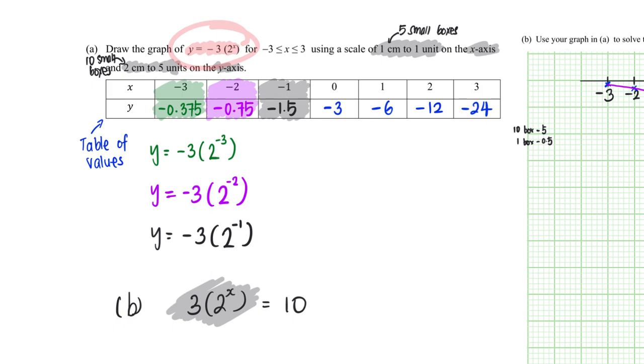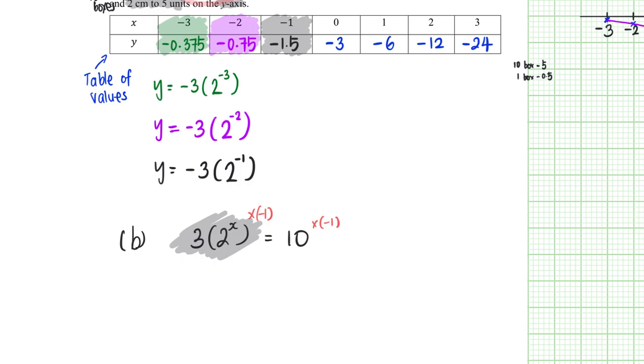This means that I'm going to multiply both sides by negative 1. So that I would have negative 3 bracket 2 power x equals negative 10.